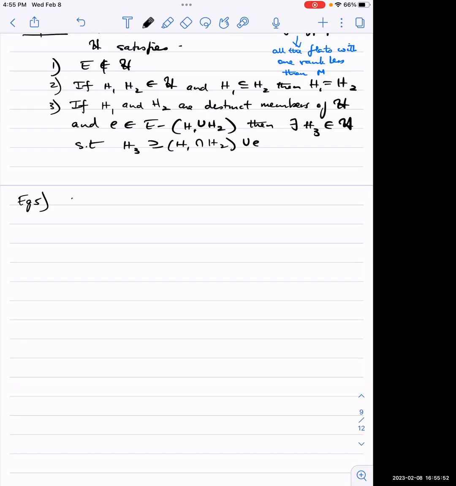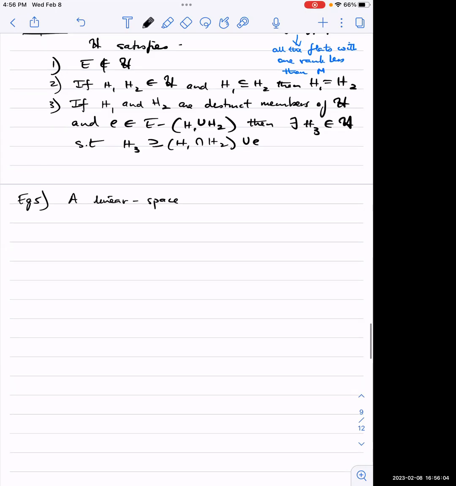A linear space, that is what it is called. There's a whole book called Linear Space, and that's basically a rank three matroid: a set of points E and a subset of points called lines.